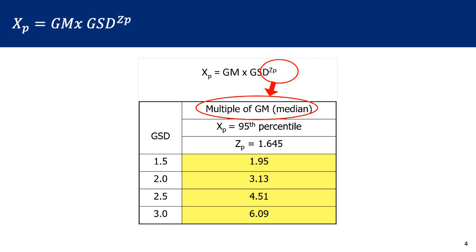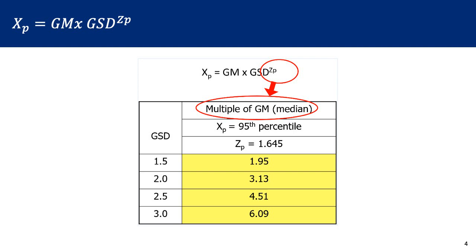And these geometric standard deviations span the range of commonly observed geometric standard deviations in workplaces. It is very rare that you would see a GSD greater than 3 in most workplaces. And likewise, it is also rare that GSDs less than 1.5 are observed. So this is, in fact, a commonly observed range of GSDs in most workplaces.